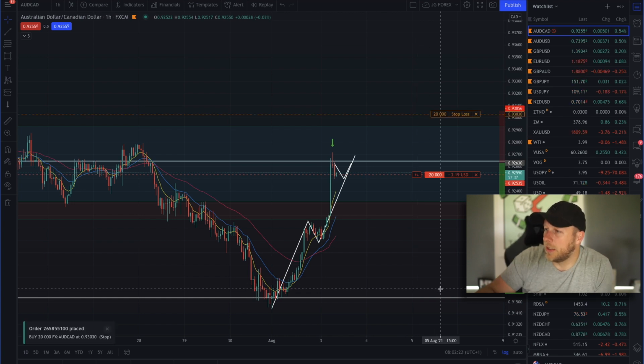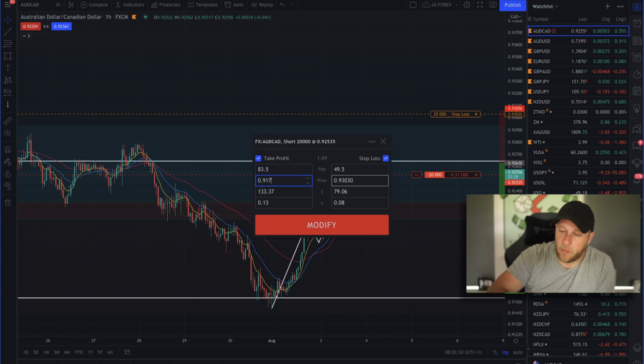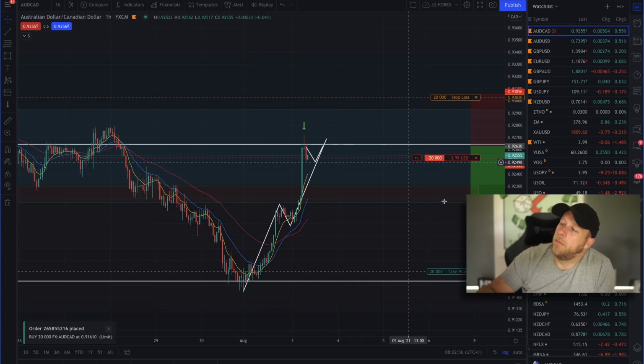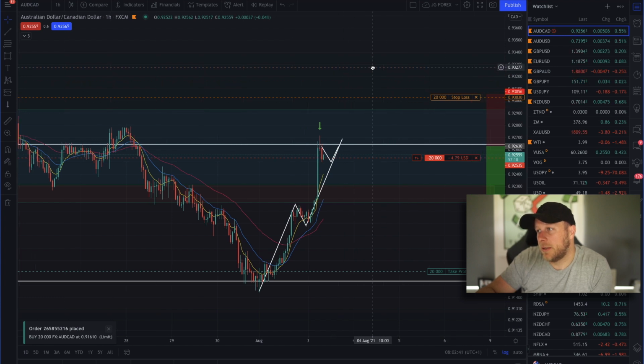Then your targets are going to go down at the low. Take profit, 91.61. And you're in. So a great reward to risk profile, really nice setup, something we've been waiting for.